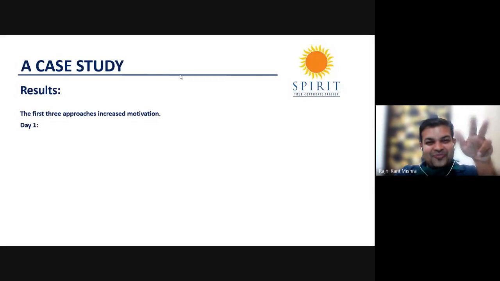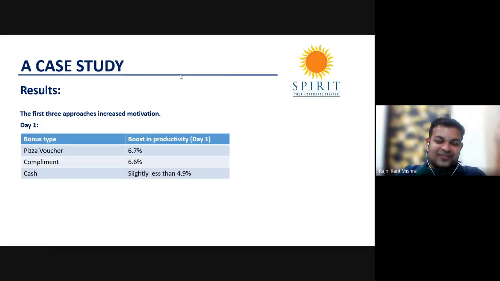In all the first three, motivation increased, and the biggest boost in productivity was in the pizza voucher case. Getting the point? When they received the pizza voucher, they were more happy about it. The boost was 6.7%, and I will explain in detail how this happens. Another is compliment: 6.6% of people felt happy and performed more because of the compliment.